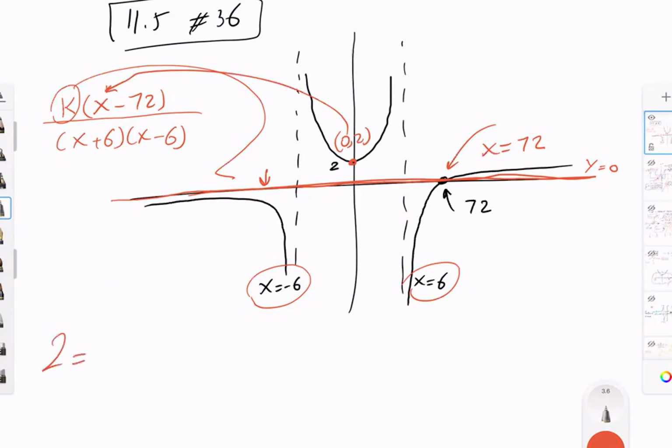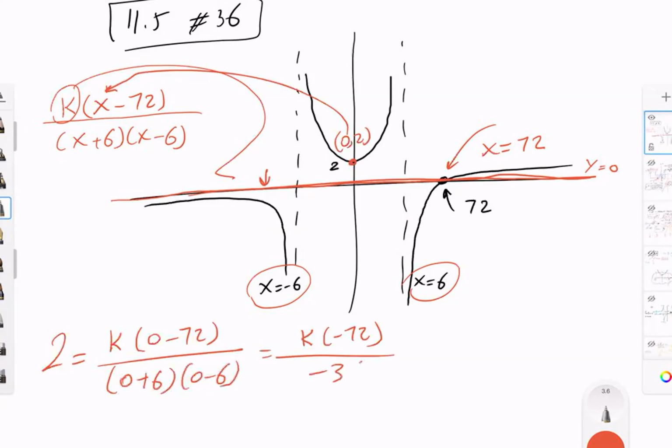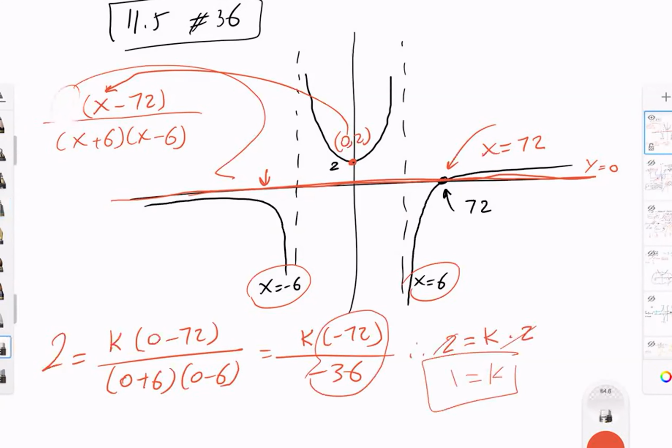You get 2 equal to k times (0 minus 72) over (0 plus 6)(0 minus 6). So 2 equal to k times 2, since 72 divided by 36 is 2. Therefore, k equals 1. So this will be your final equation.